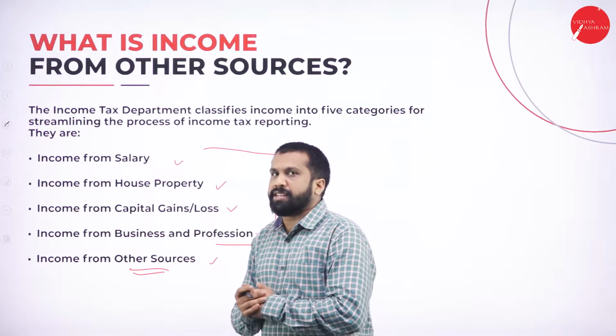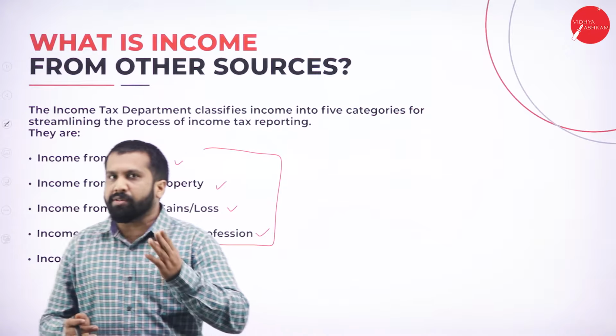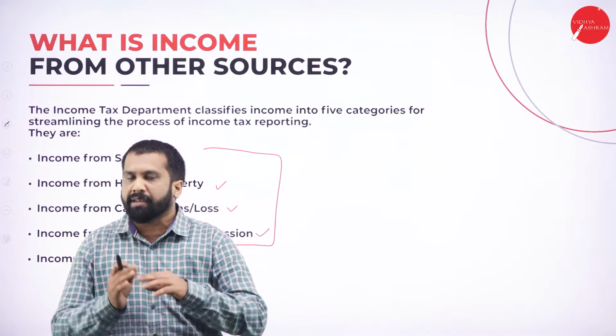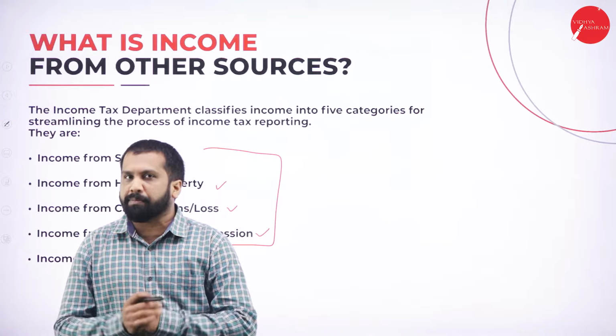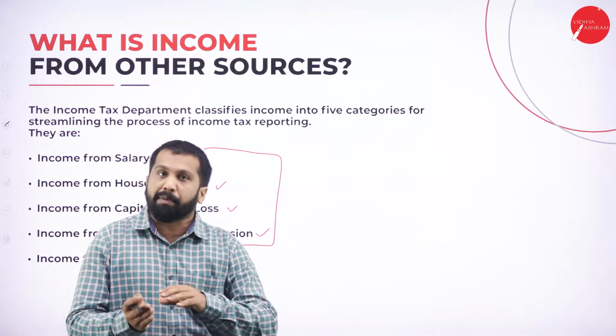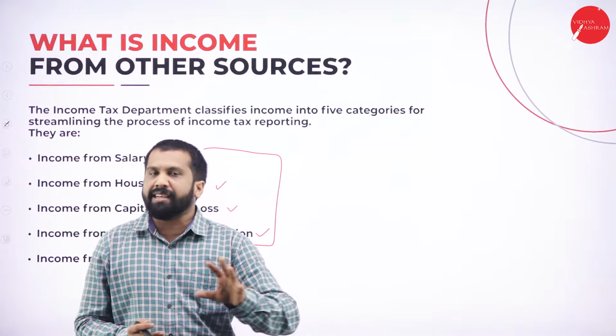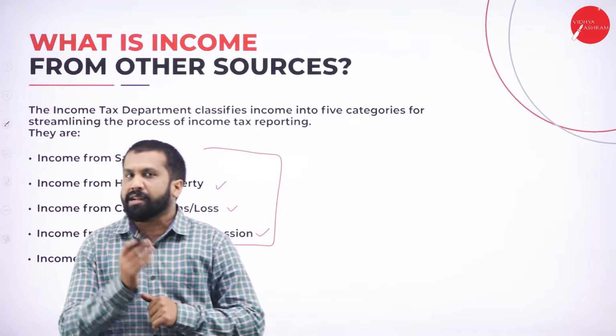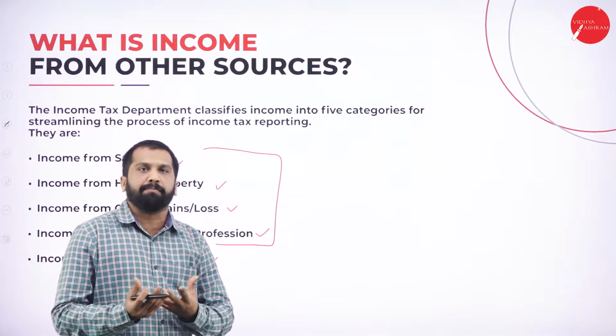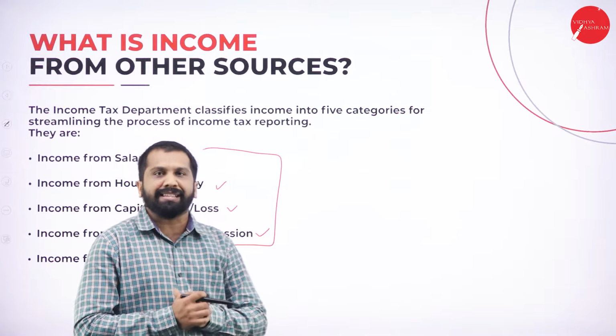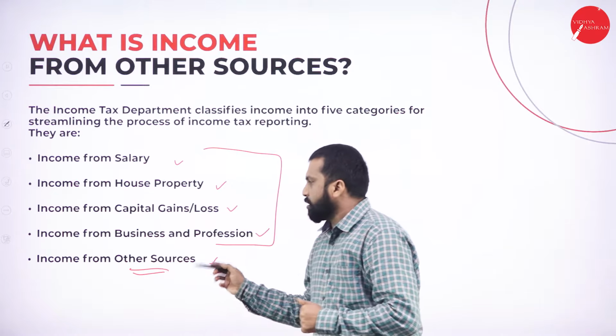Say you are getting 2% in the bank, but if you deposit the same amount in any insurance scheme, post office or something similar, you will get around 4 or 5%. That is also called income from other source.